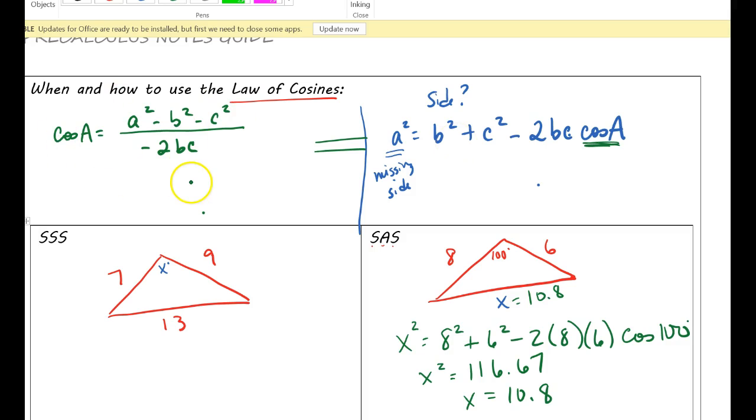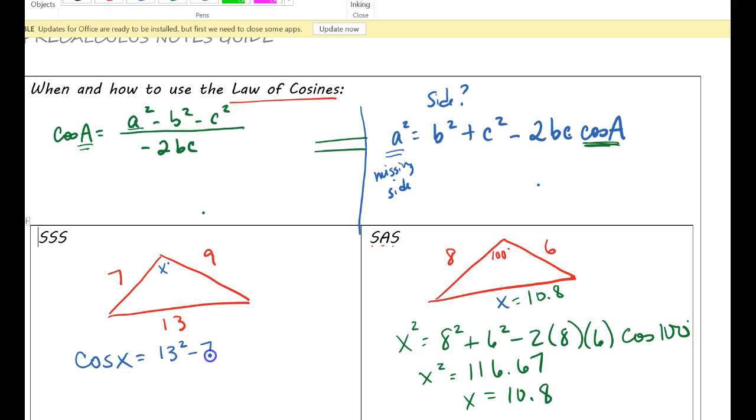But this is the form that you want to use for an SSS because, like I'd said over here earlier, ignore the ABC and just really think about the fact that whatever your angle is, you need to lead the problem with the side that's opposite it, okay? So in this problem, we're looking for x, okay? So we're going to have cosine of x because we don't know it. And the thing in the front of this fraction is the one across from the angle we're looking for, which means the 13 squared needs to go first.